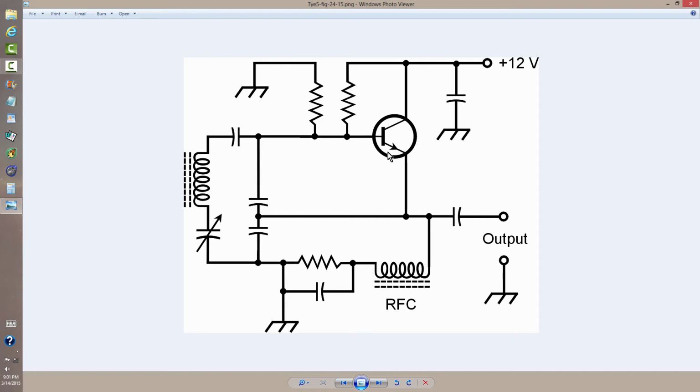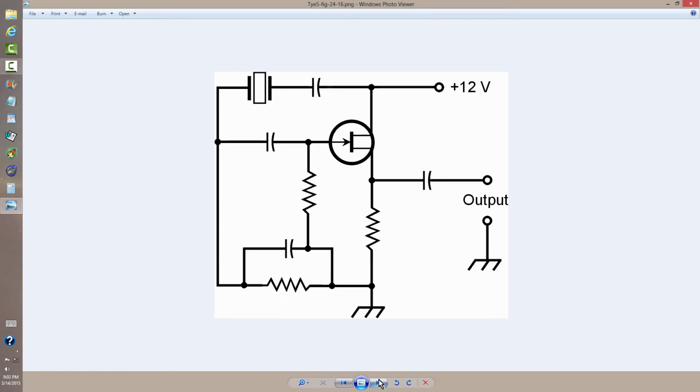I'm trying to vary the active devices a little bit to keep from getting too monotonous, although these are considerably different oscillator designs. But again, the split capacitor with the tap between them gives away the identity of this circuit as a Colpitts oscillator.